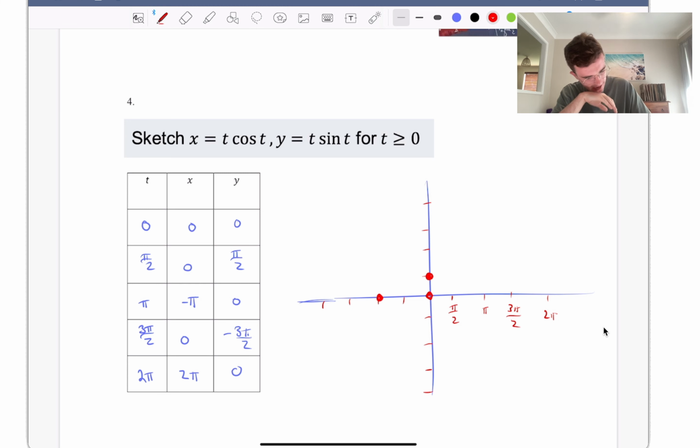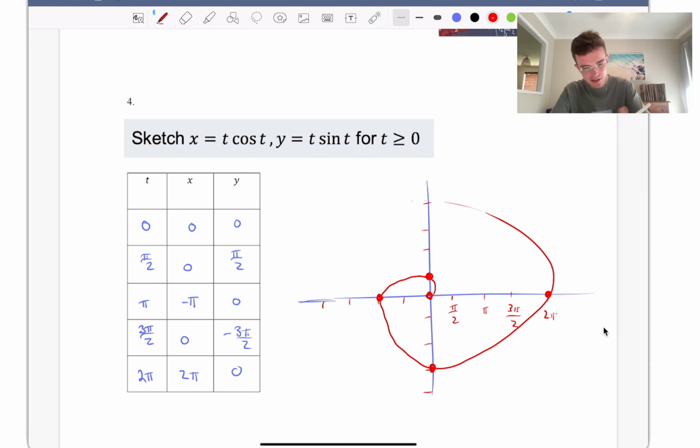Then we've got x is 0, y is minus 3 pi on 2, so that's going to be all the way down here. And then x is 2 pi, y is 0. Wow. So look at that. We've just got this, this, this, this. So it's a spiral. It looks something like that.